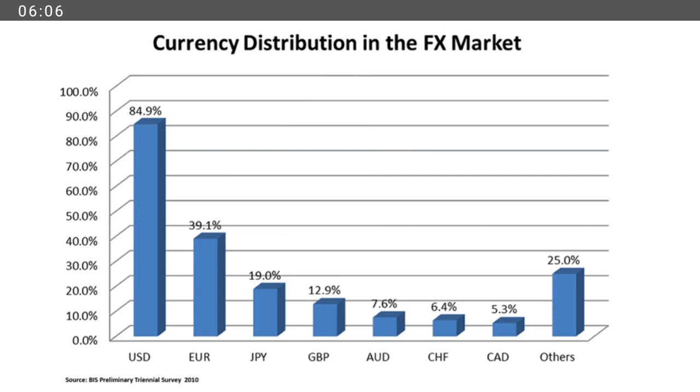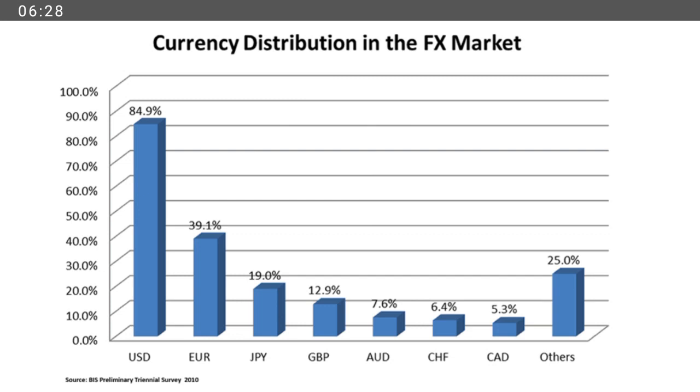The major currencies took their share. Then the others, there are a lot of currencies all over the world, they make up this 25%.